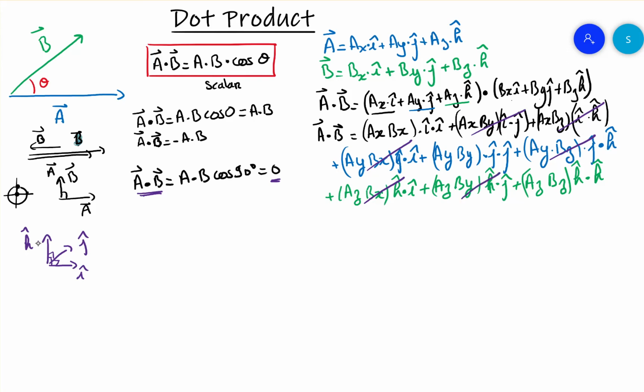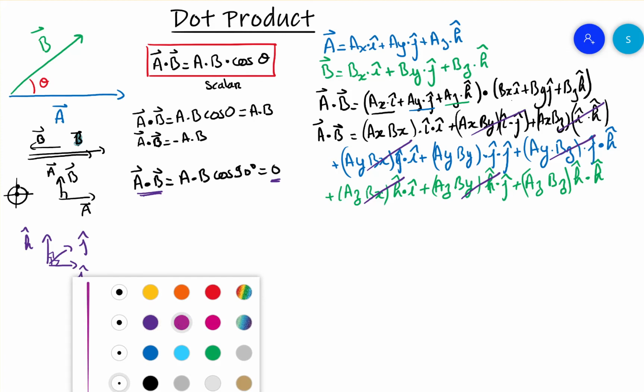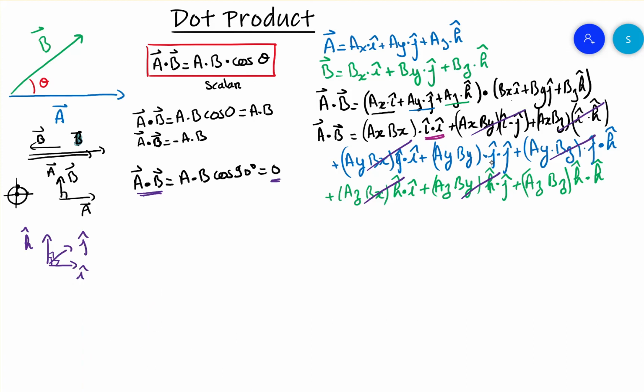But for i dot i, j dot j, and k dot k, the two vectors are collinear, so the dot product is just the magnitudes multiplied together. And the magnitude of i, j, and k is equal to 1 because they are unit vectors. So each of these is equal to 1.